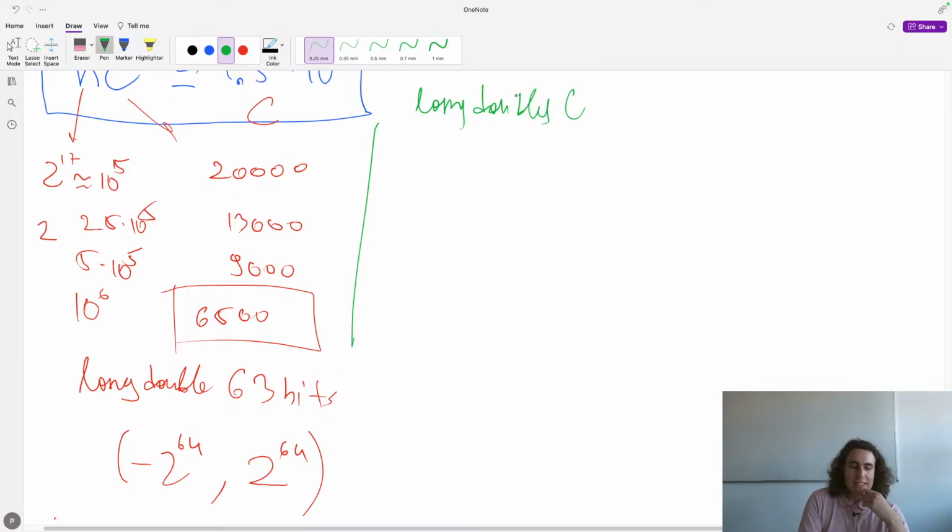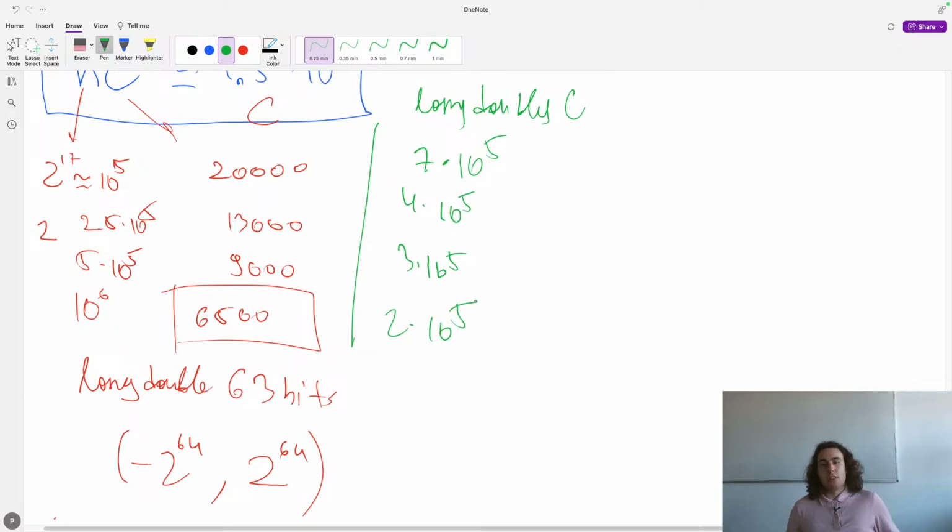And then for these values, we get some better bounds. For example, here we're going to be okay with 7 times 10 to the 5 even. Here 4 times 10 to the 5, 3 times 10 to the 5, and 2 times 10 to the 5. That's not bad, I think, right?